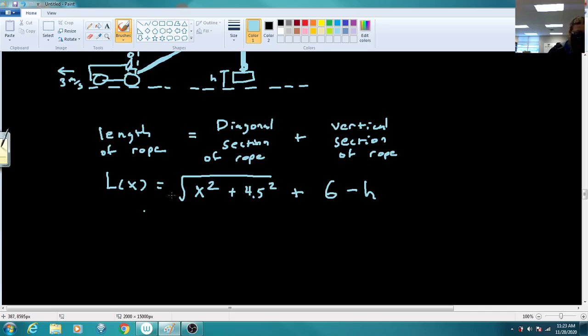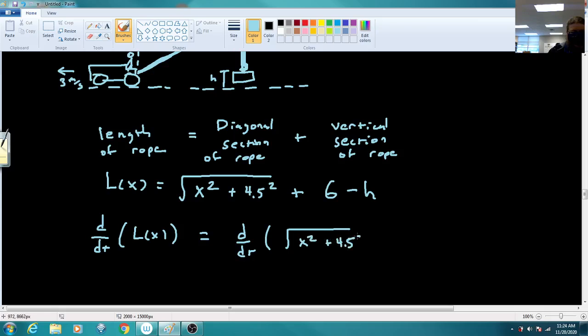What we're going to do is take d/dt of this whole expression. x is going to change with respect to time, and the height will also change with respect to time. Everything else should be constant.